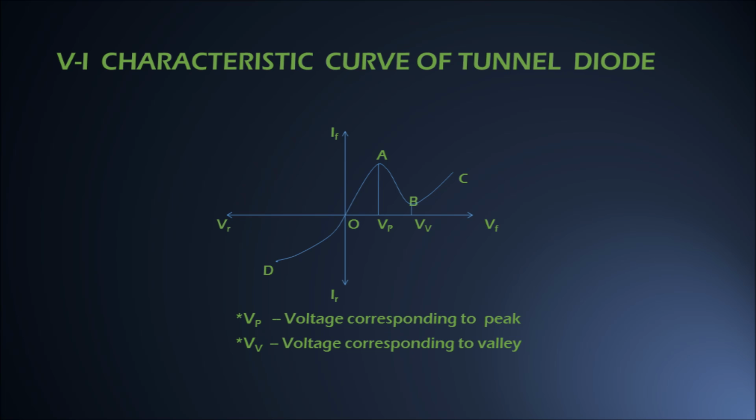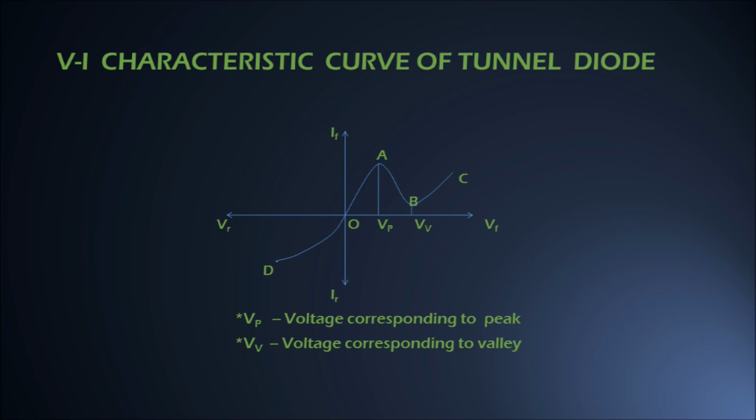The forward current reaches its minimum value at another particular voltage called the valley point voltage, V with subscript V, and again it starts increasing in a manner similar to that of an ordinary PN junction diode.